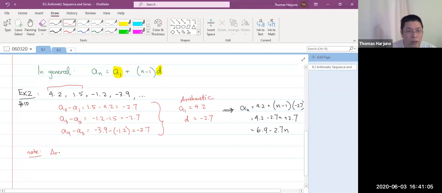Arithmetic sequence. Even though this is a little note, it's quite useful.